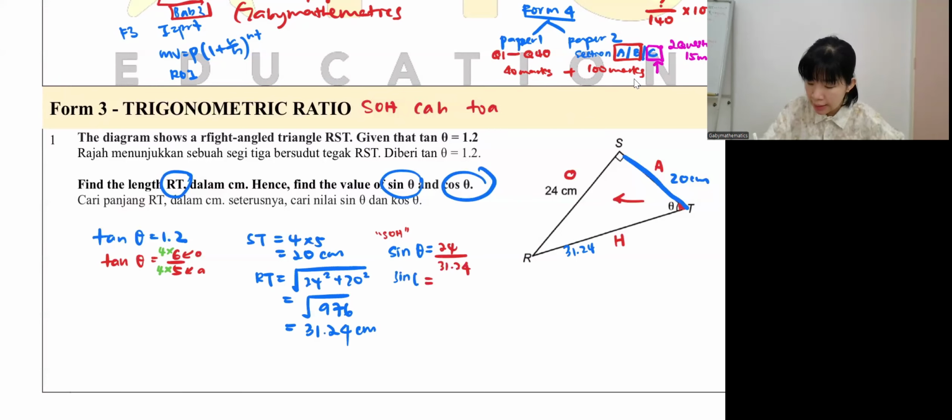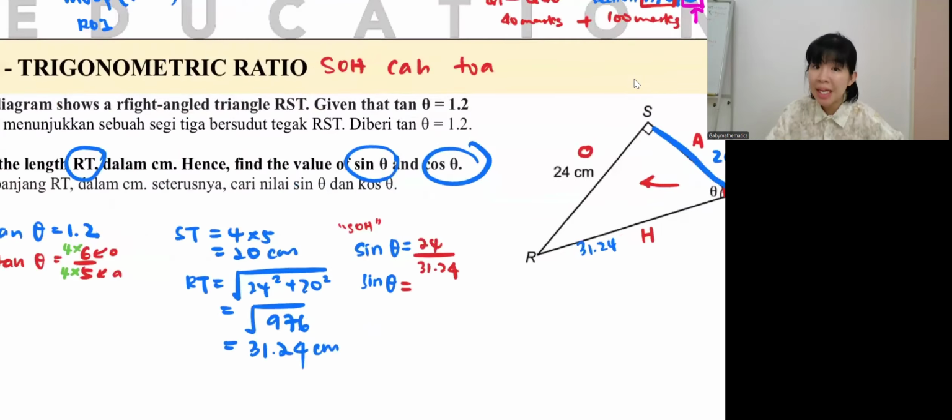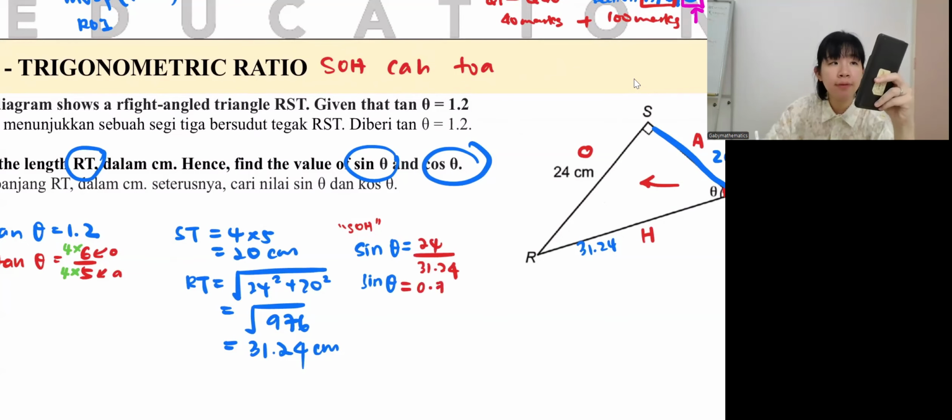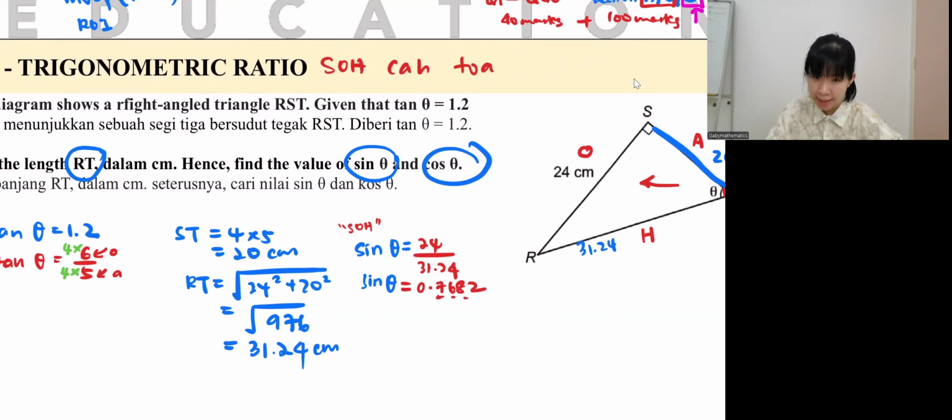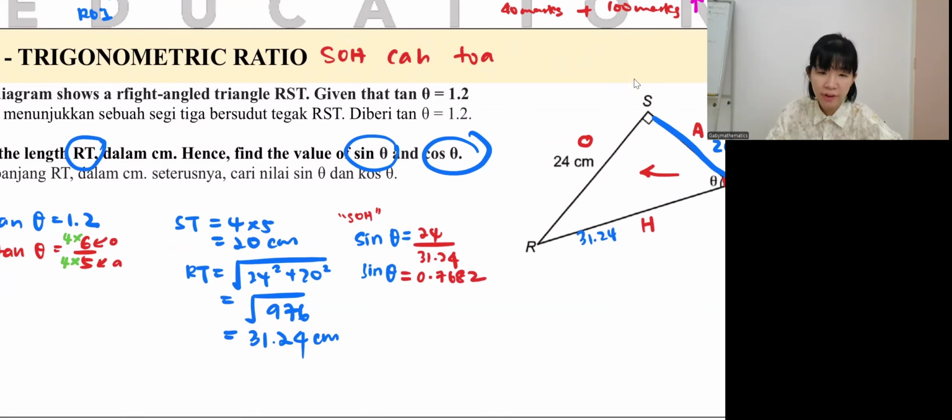So sine theta equals to, okay, there are so many decimals. Take more decimal places. I want everybody to take 4 significant figures. Check your calculator. Take 4 significant figures. It is 0.7682. We don't count the 0 in front, so we have to take 4 digits at the back. The 0, don't count it as significant.